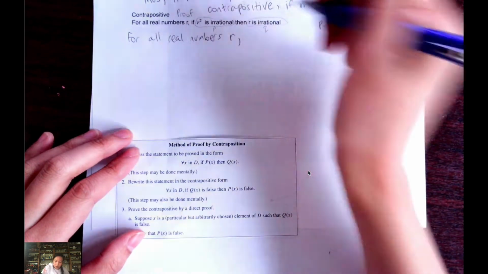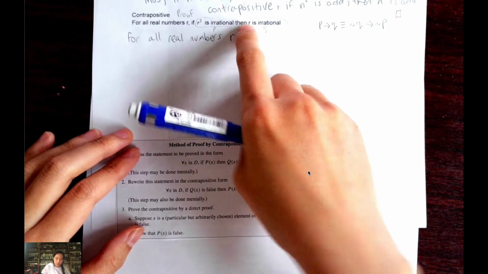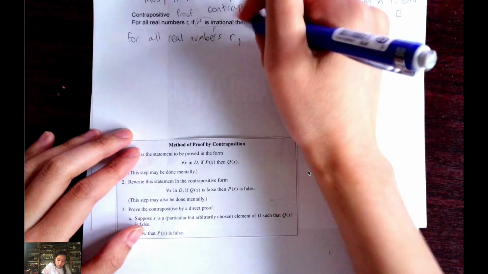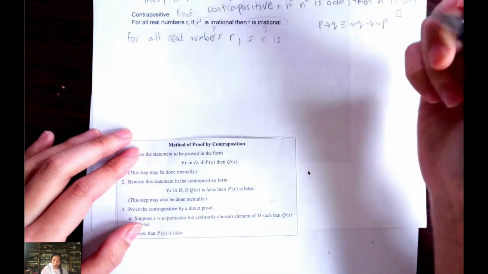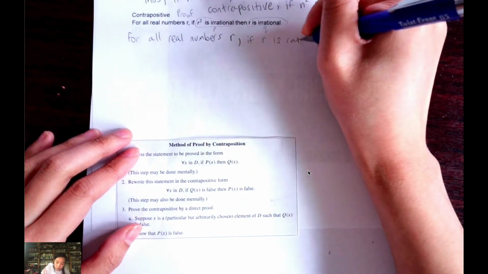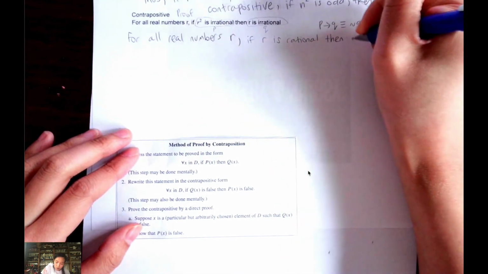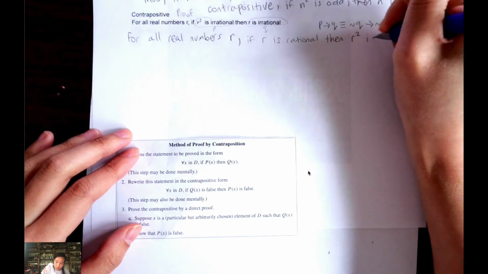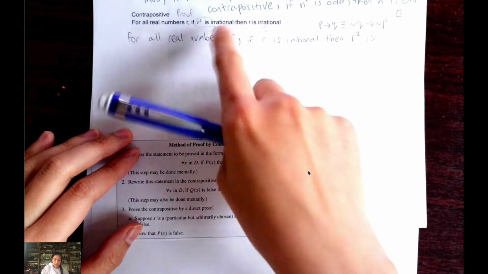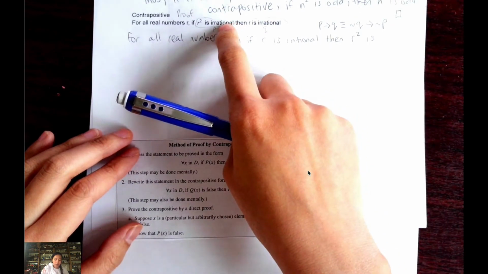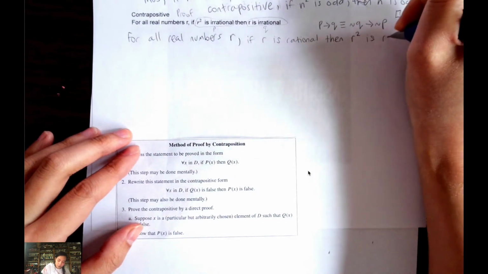So in order to take the contrapositive of this if-then statement, we take the negation of Q. So if r is not irrational, so if r is rational, then r squared is not irrational because we're taking the negation of P. So the negation of irrational is rational. So r squared is rational as well.